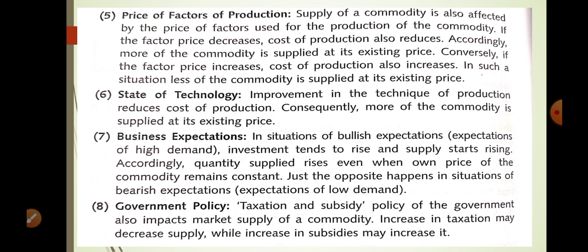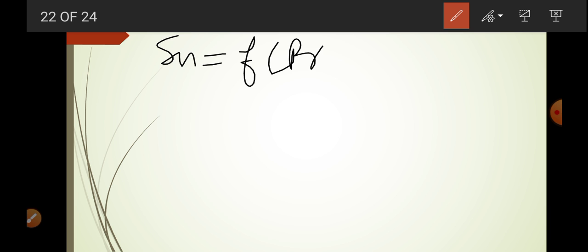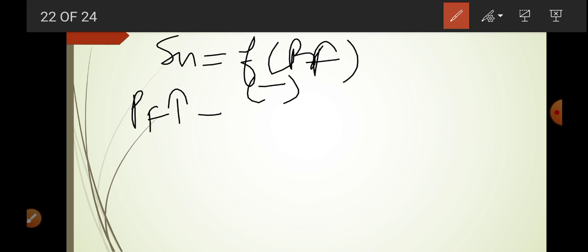Now next is the price of factors of production. Supply of X good is a function of the price of factors. So there is a negative relation. If the price of factors is going to be high, the firms are going to produce less and there will be less supply. Why?